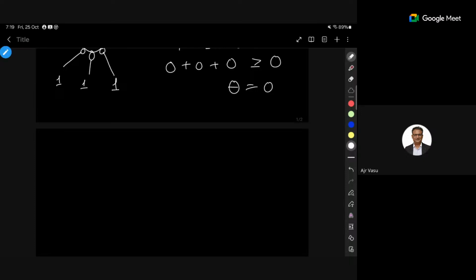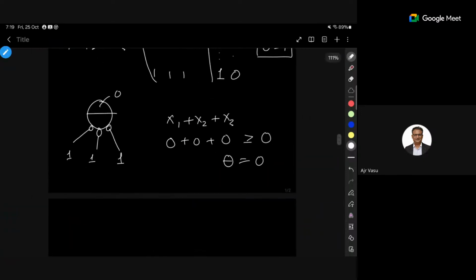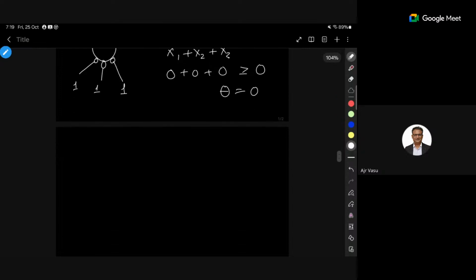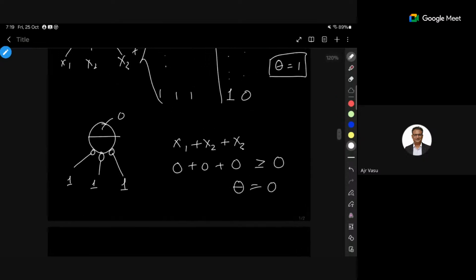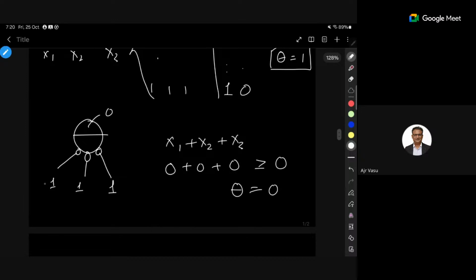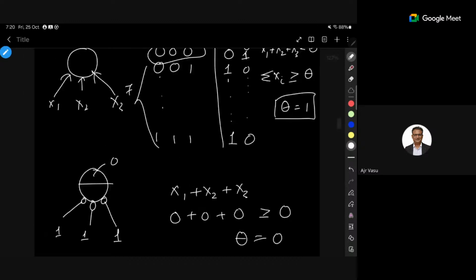Sir, if I put an inhibitory variable as one of them, and I'm giving input as 1, but this is an inhibitory input. Yes. So x1 plus x2. I'm only doing this for one case.